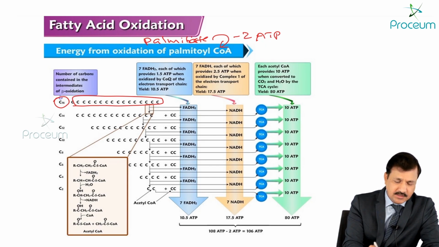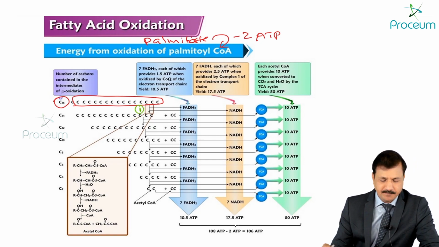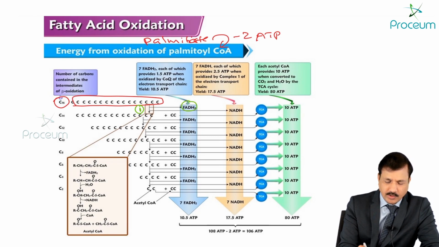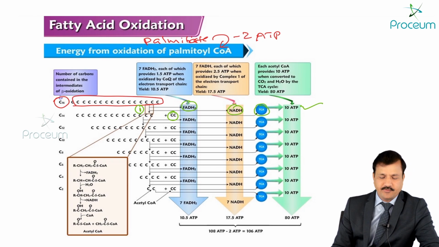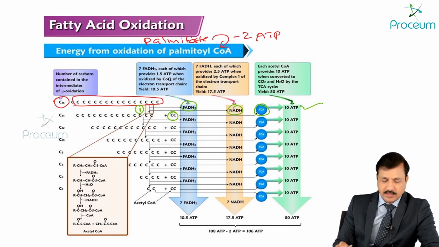The very first spiral of beta oxidation, number 1, I will write it in green color. In the first spiral, you get 1 FADH2, 1 NADH and 1 acetyl-CoA, which enters the TCA cycle to give 10 ATP. 1 FADH2 gives 1.5 and 1 NADH gives 2.5 ATP. We are going to calculate that total later.